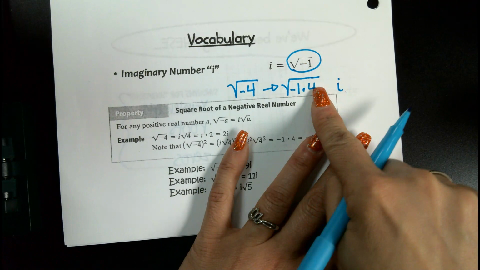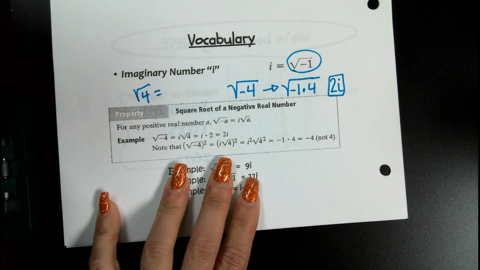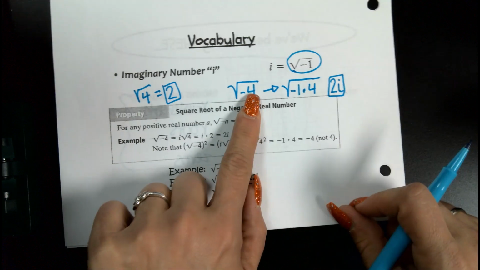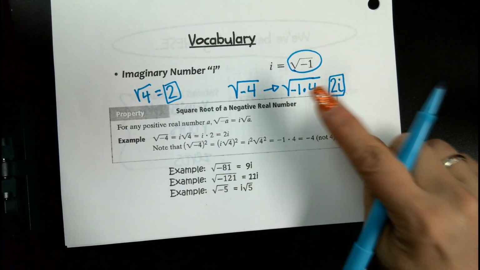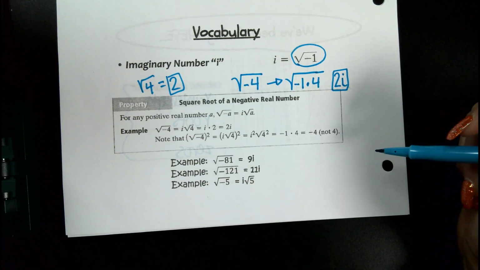So to get rid of this negative sign, I would bring out the square root of 4, so I would bring out a 2. And my answer would be 2i. So what is the only difference between a positive and a negative? Look at the answer. The only difference is that you should have a letter i in your final answer. That's it.